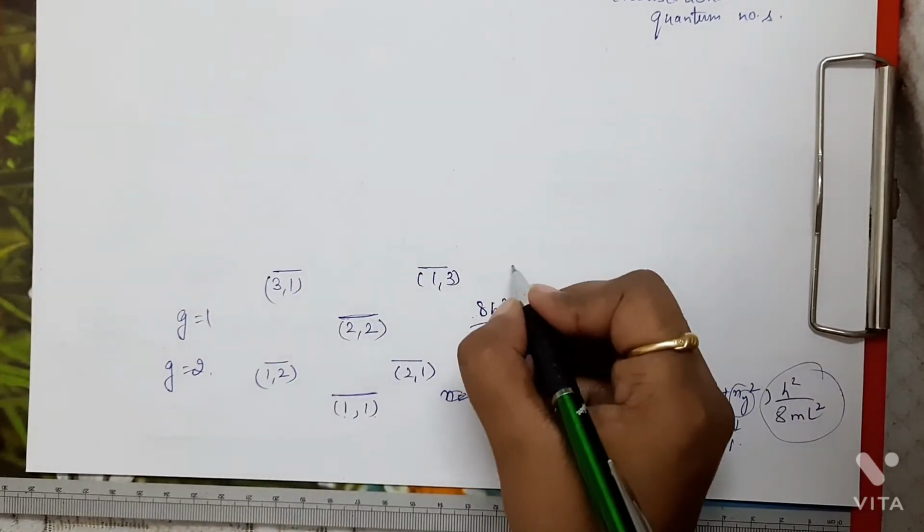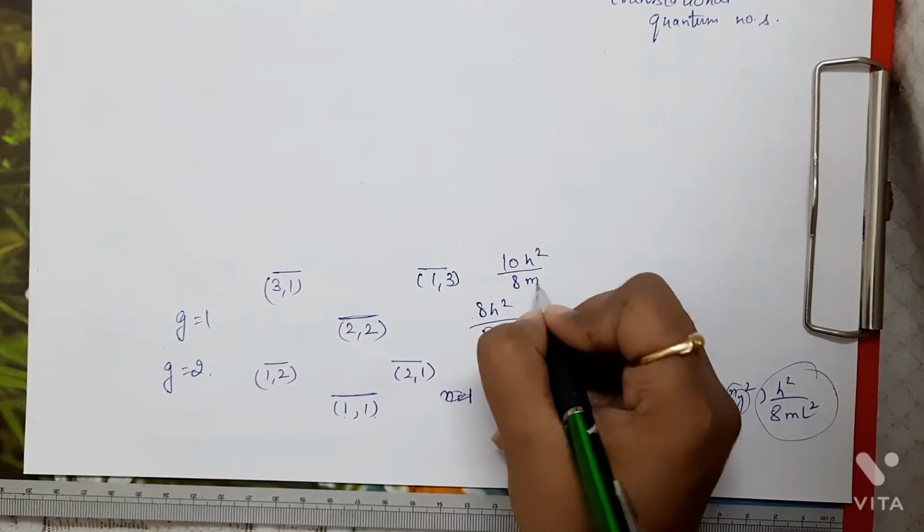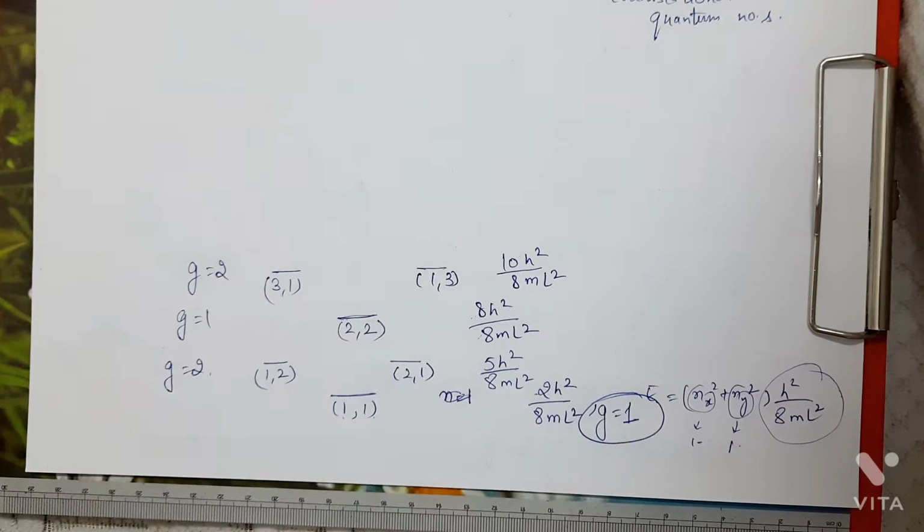The corresponding energy value will be 10h square by 8 m l square. Here also degeneracy is equal to 2.